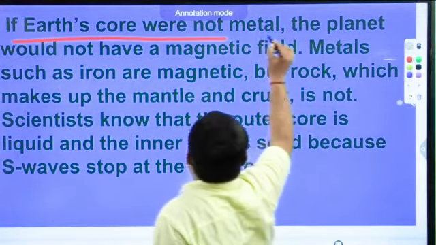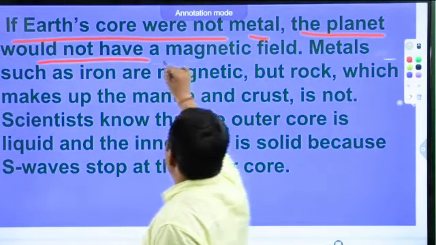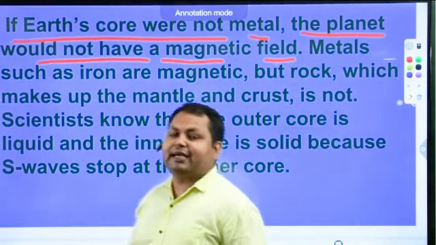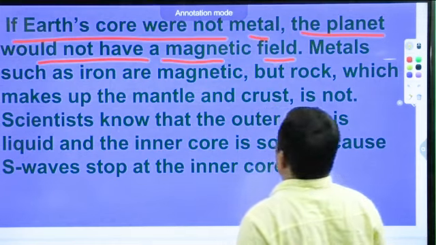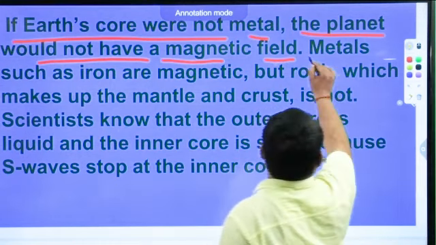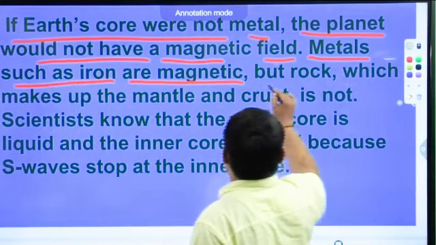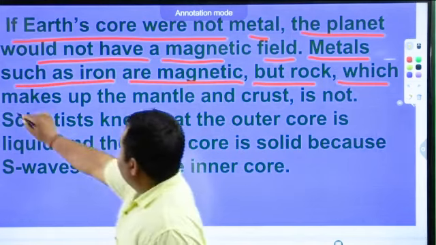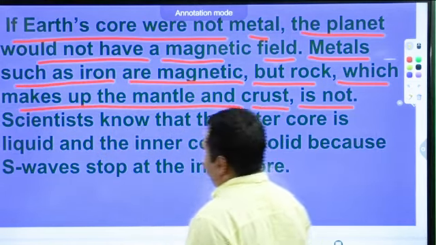If Earth's core were not metal, the planet would not have a magnetic field, right? If there were no metal in the core, there would not be a magnetic field. Metals such as iron are magnetic, but rock, which makes up the mantle and crust, is not, right?